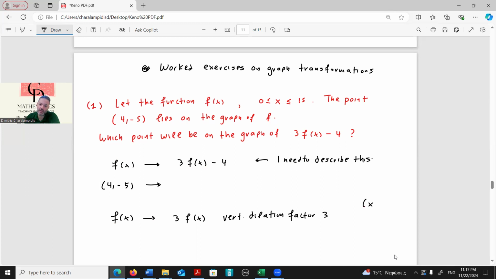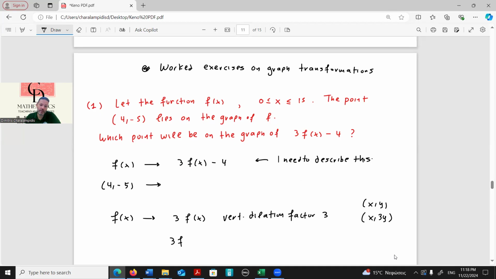Since every description can be seen as a set of instructions, vertical means on the y. Dilation means we multiply just the y coordinate of a random point x, y by 3. So x, y would have turned to x, 3y.